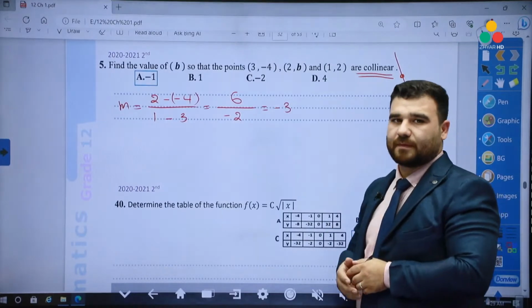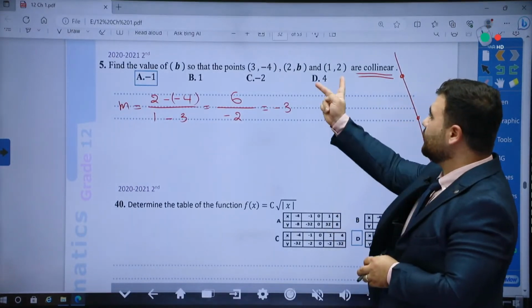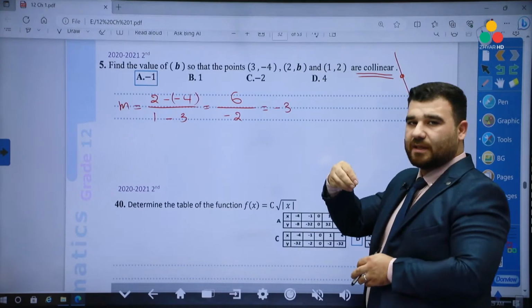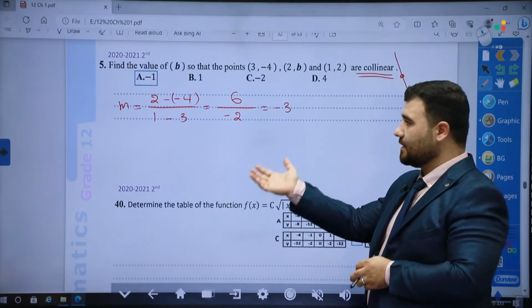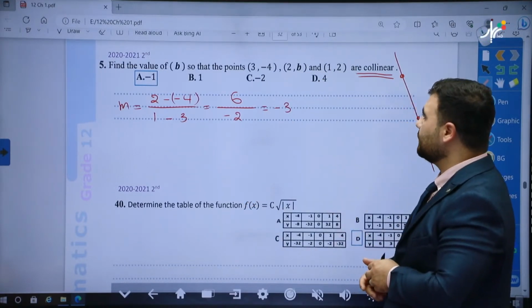This is the slope. If I find the slope between the other 2 points, there will be b in it, but the result is negative 3. This is how I find b.